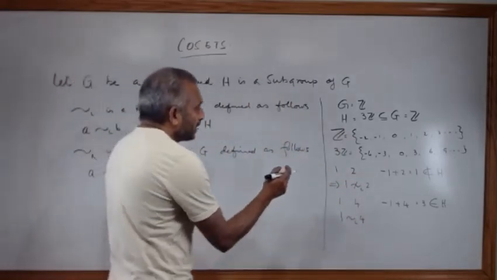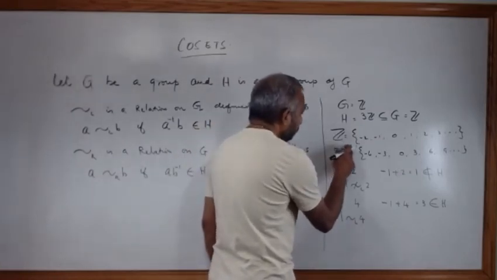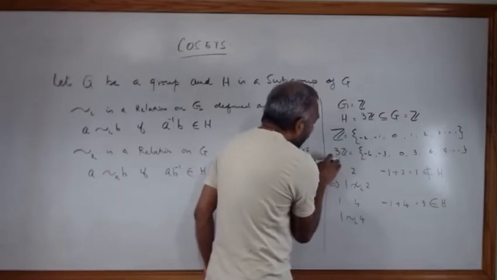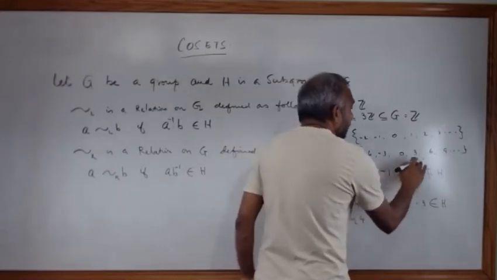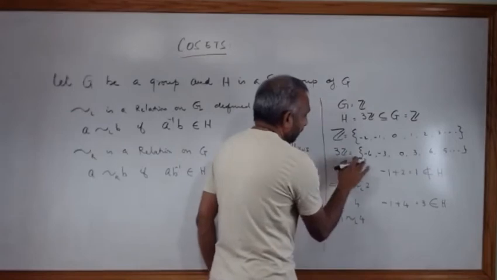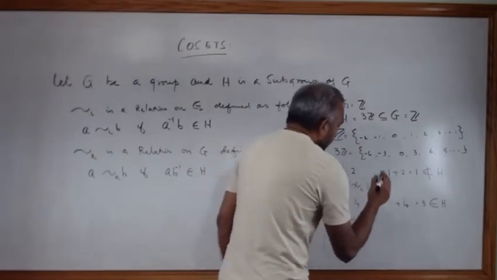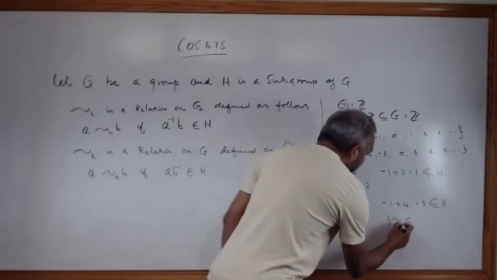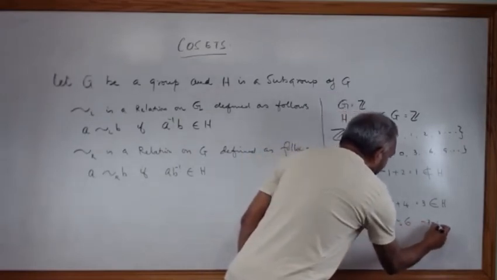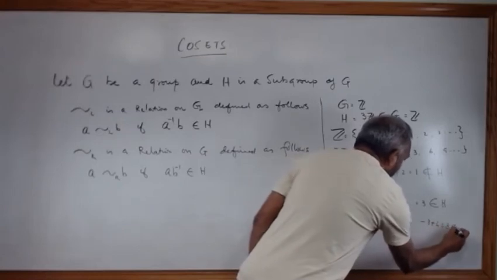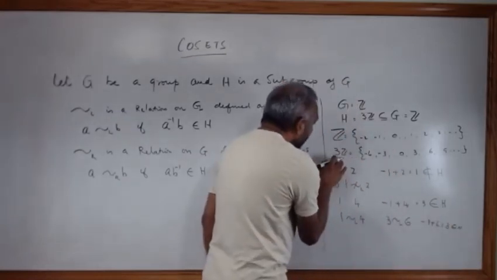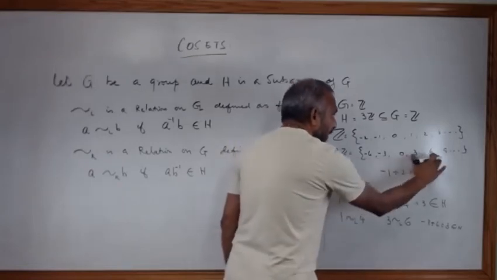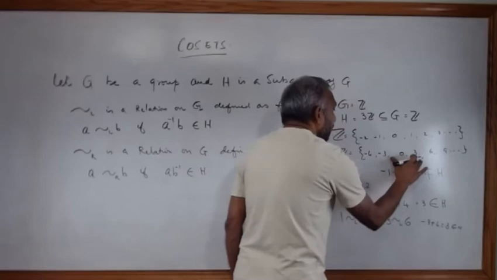So basically what is happening here is any elements within 3Z are related to each other. Let us say take any two elements from 3Z, 3 and 6. They are related because minus 3 plus 6 is equal to 3 and that belongs to H. So if you take any two elements from 3Z, they are related. So that is one class.